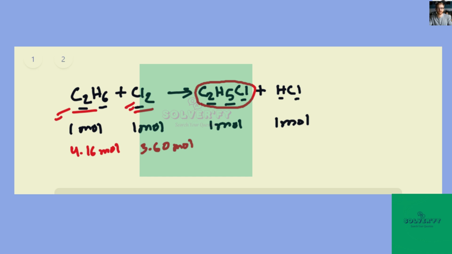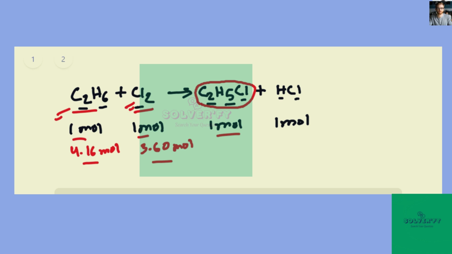And since from here we can see that 1 mole of each reactant will react to produce 1 mole of the product, we have to find out the limiting reagent, and the number of mole of the limiting reagent will be the number of mole of C2H5Cl being produced here.